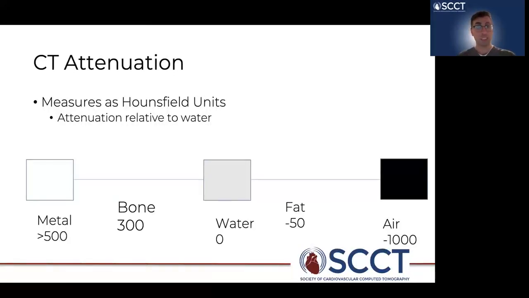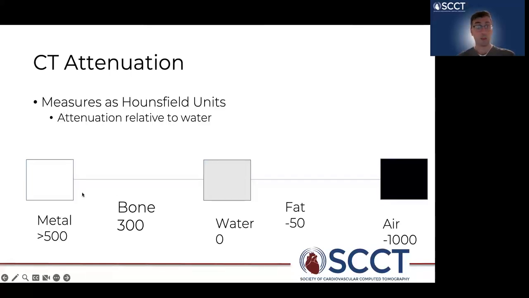Now, to briefly mention the CT attenuation, as I mentioned, the detector is essentially measuring how many X-rays get through, and the computer software then takes that and makes an image. And how does it do this? Well, it assigns attenuation values relative to water. So water will be 0, which will be this kind of shade of gray.